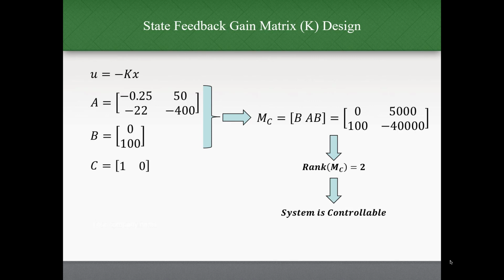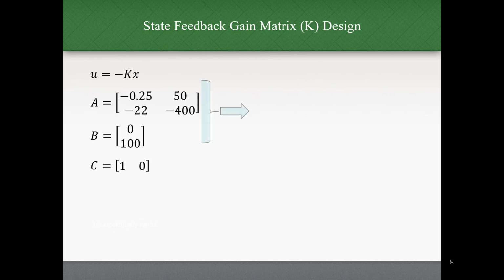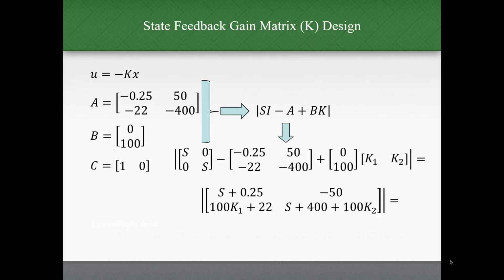We can see that the rank for this matrix is 2, which is equal to the size of our A matrix, and it means that our system is controllable. So we can calculate our feedback matrix.